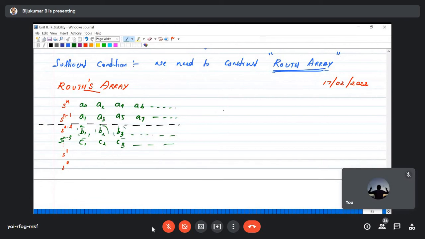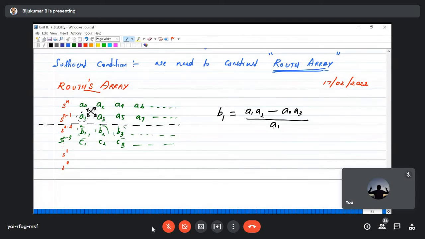So b1 is equal to, you just multiply this, you will get a1 a2 minus, multiplying this, a0 into a3, the whole divided by this first element, a1.